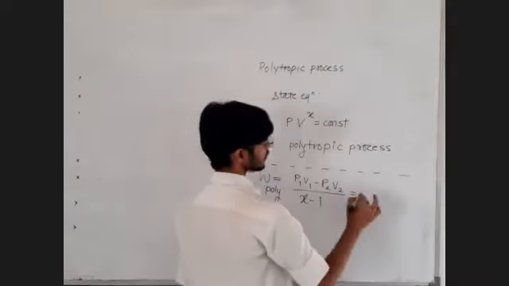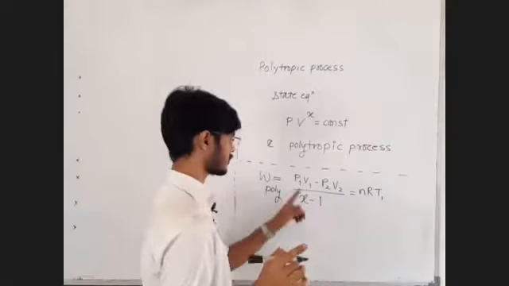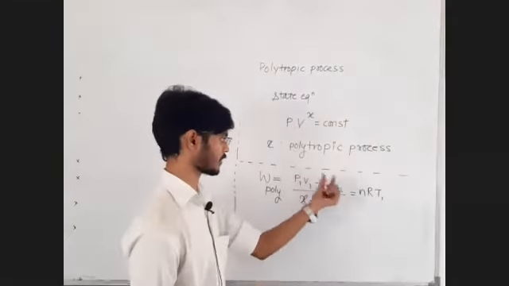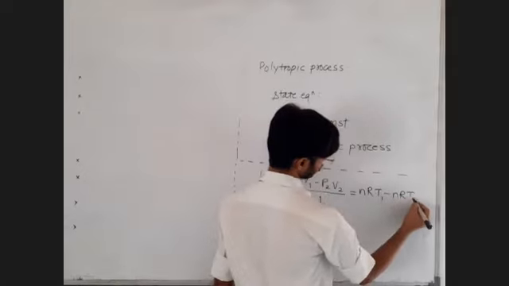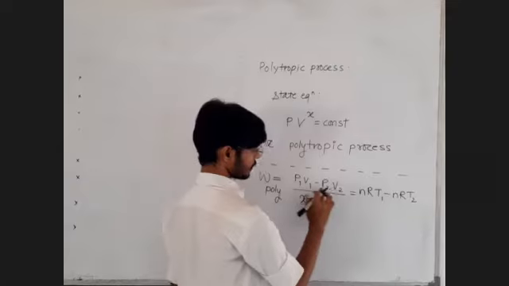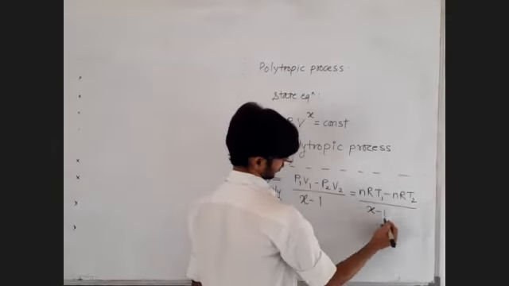So P1 V1 is equal to what? nRT1. See, the sequence is 1 and 2, not 2 and 1. Not final minus initial, initial minus final it is. nRT1 minus nRT2. P1 V1 means what? nRT1. P2 V2 means what? nRT2 divided by x minus 1.